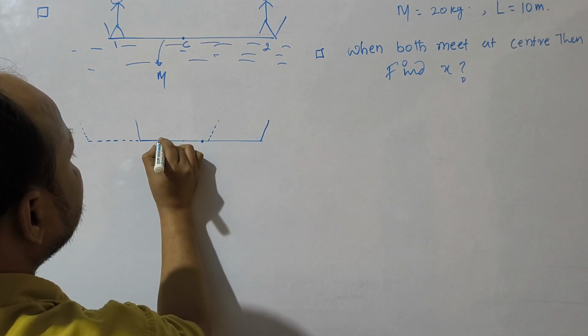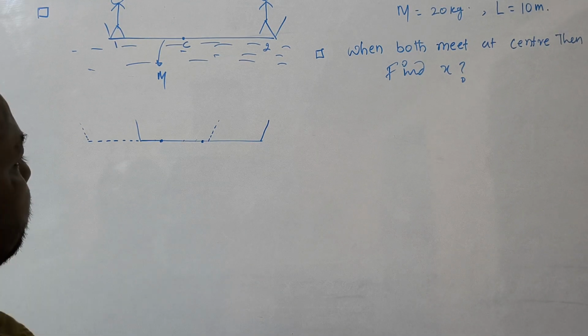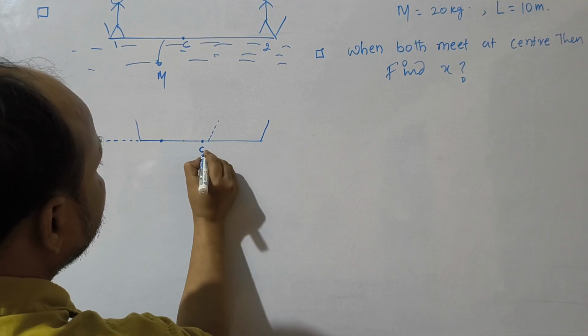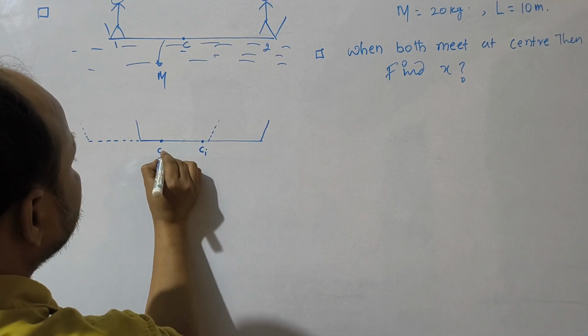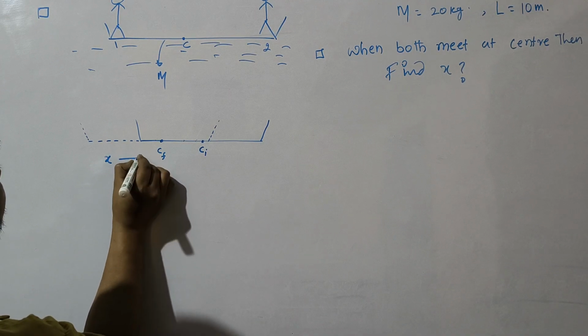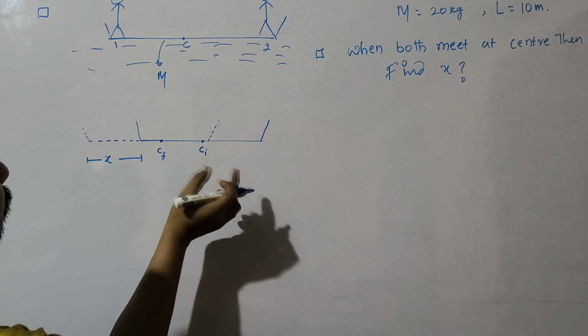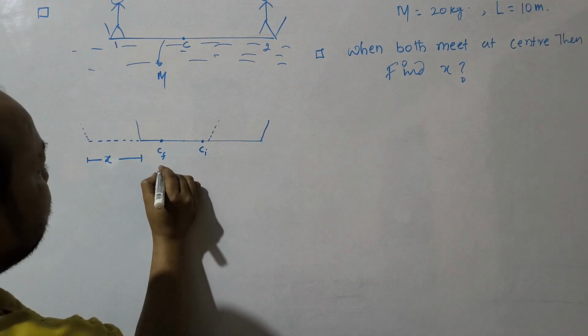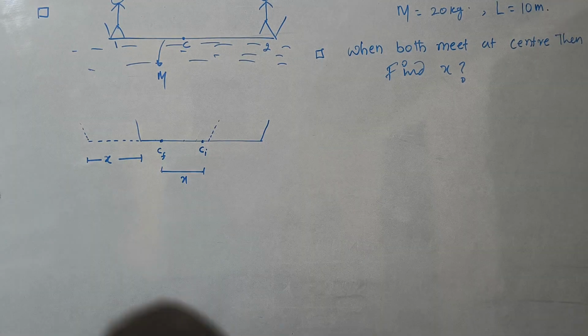This was the initial center and this is the final center of the boat. Now if the boat has shifted by x, the center has also shifted by x. This will also be written as x.